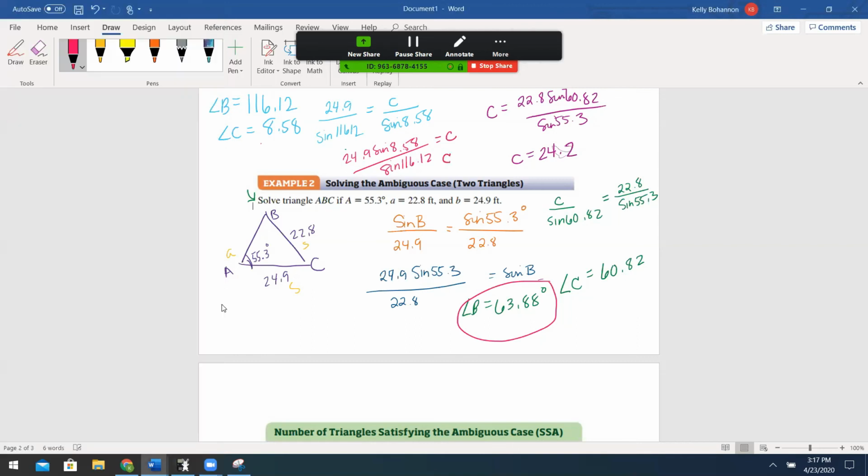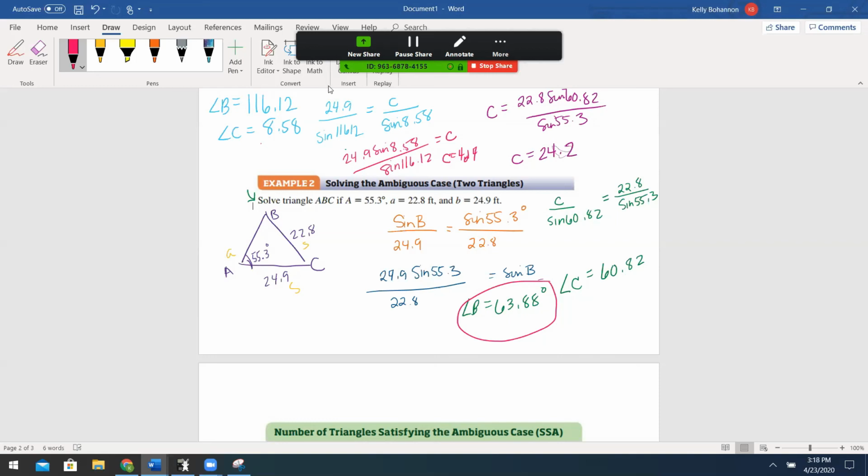So my C value on this triangle is 4.14. Now, if you think about it, it makes sense. My angle, 8.58, is the smallest angle. 4.14 is by far the smallest side. The largest angle in this triangle, 116.12, is across from 24.9, which is the largest side.